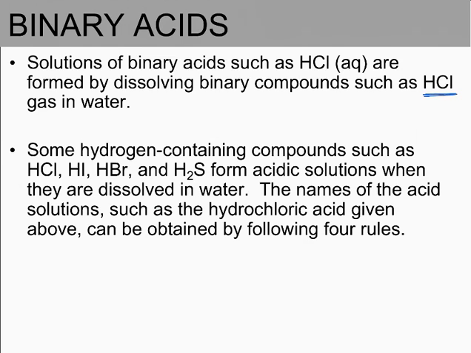Or rather two types of atoms, I should say, because down below we can see that HCl, HI, HBr, and H2S are all binary acids. And H2S does have a second hydrogen, but we only have two types of elements in that compound, so it is a binary acid. Now the other type of acid contains polyatomic ions bonded to one or more hydrogens, and we'll talk more about those later. So let's learn how to name binary acids.